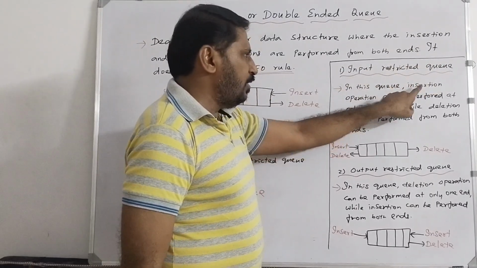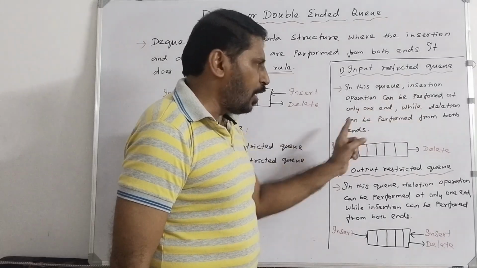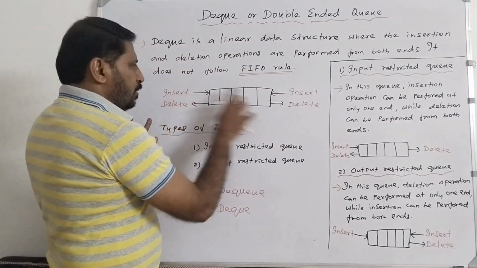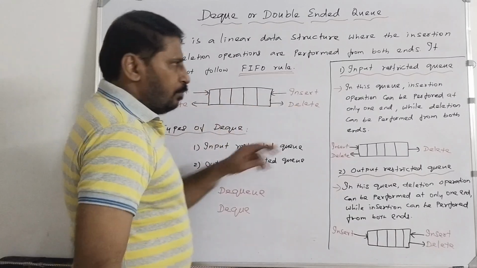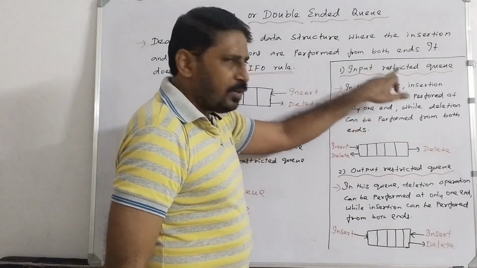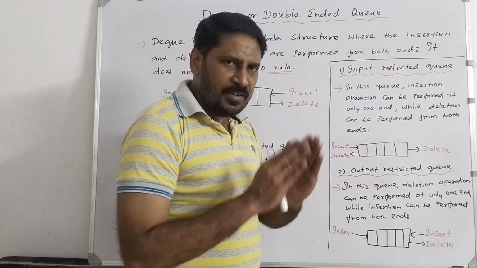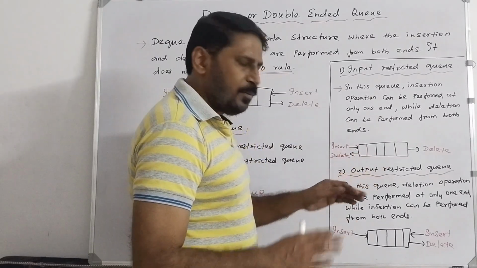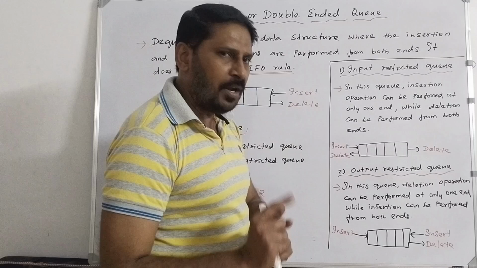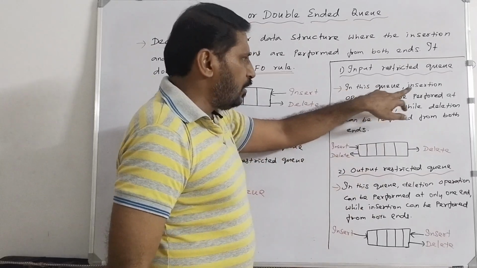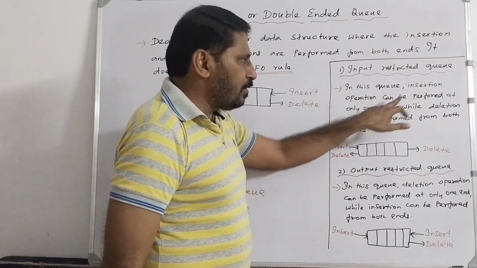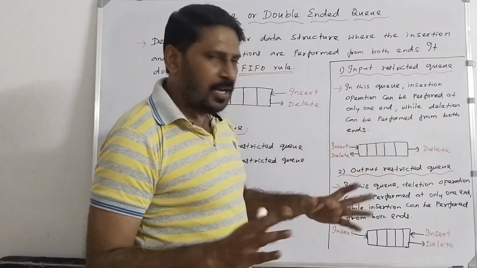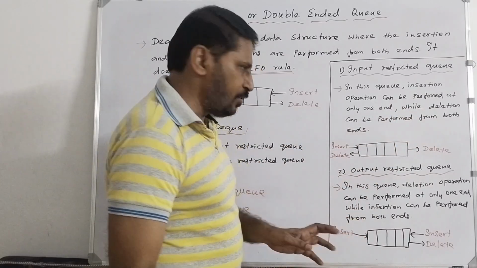In this queue, the insertion operation can be performed at only one end. As per the double-ended queue, insertion takes place at both ends, but in this case input restricted means input is restricted to only one end. Input restricted is nothing but the insertion operation can be performed at only one end, while the deletion operation can be performed at both ends.